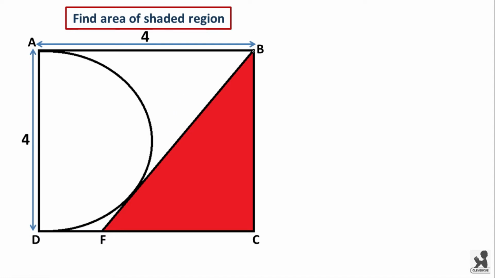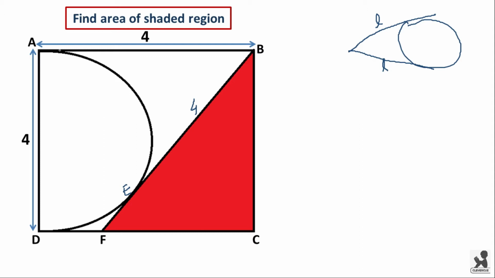Here, from a point to any circle, if you draw two tangents, the length of the two tangents will be equal. That is, if this length is L, then this length also will be L. So using this, we can say that if we mark this point as E, we have BE as 4 units, that is the length of AB.